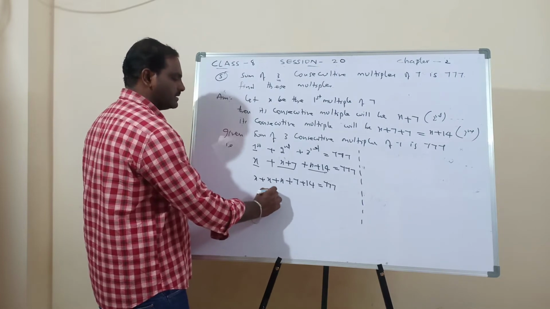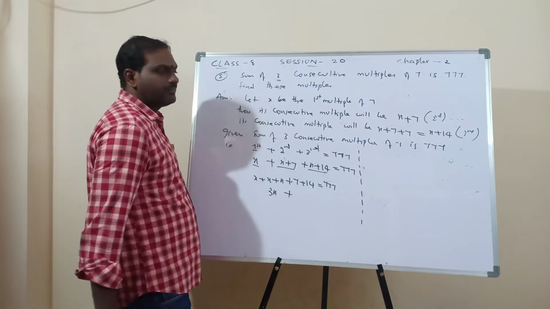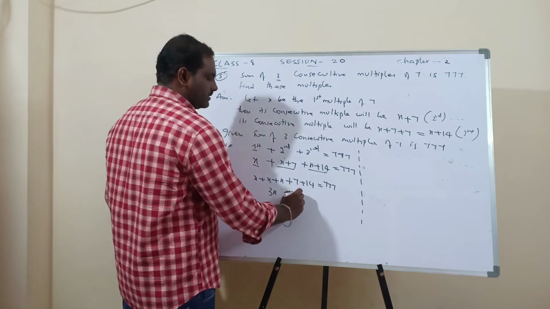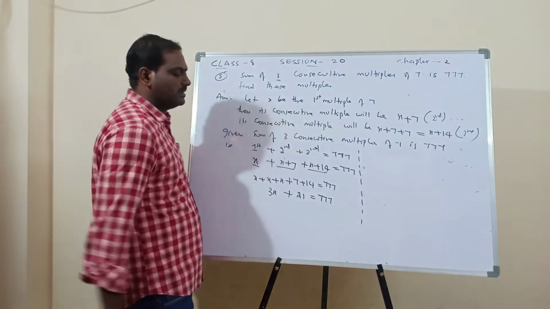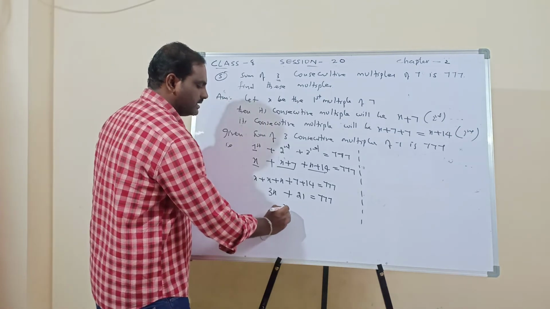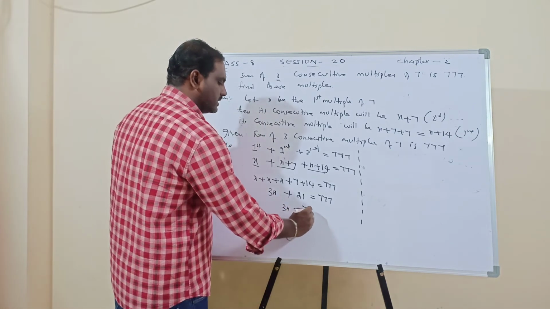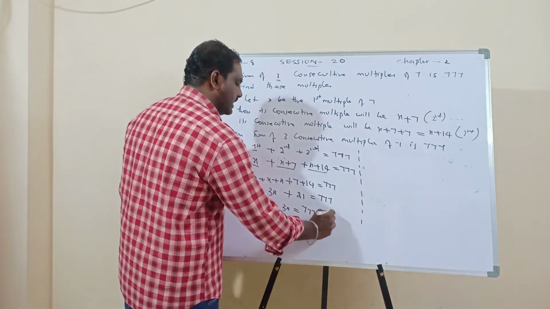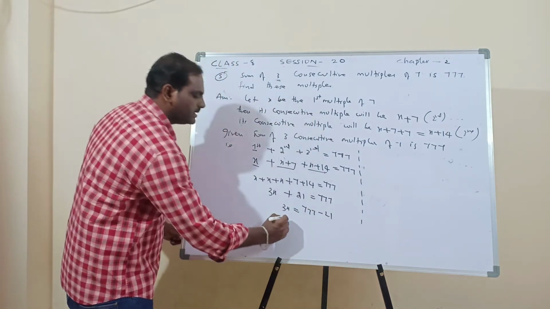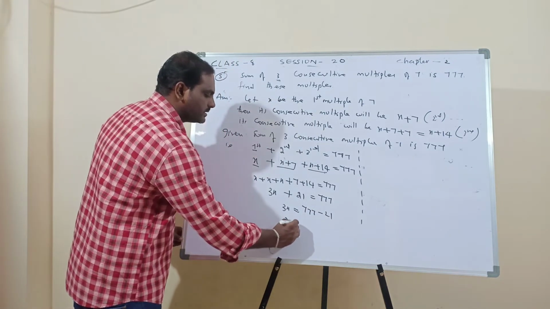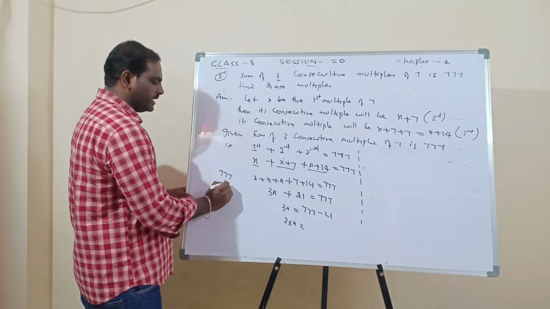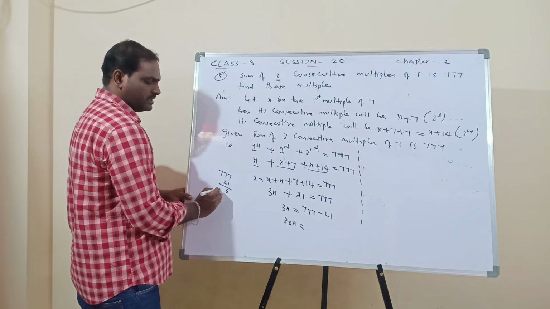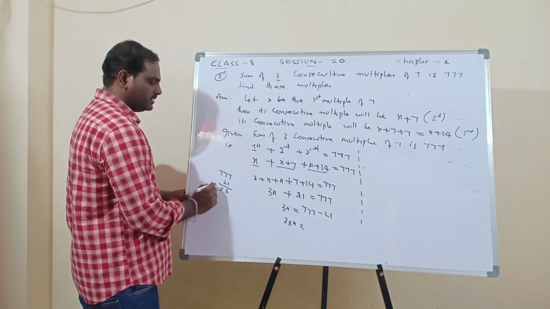Yes, it is 3x. 3x plus 7 plus 14, it is 21, is equal to 777. Now I want 3x. 3x is equal to 777 minus 21.